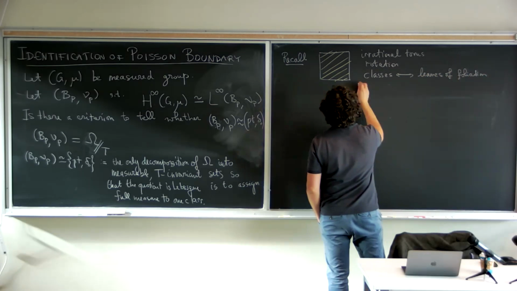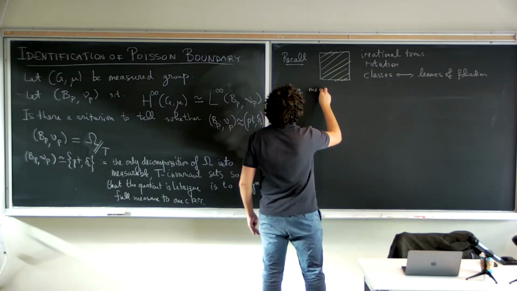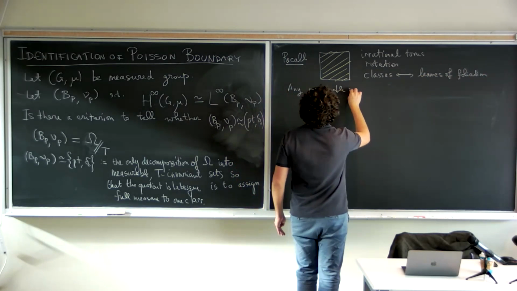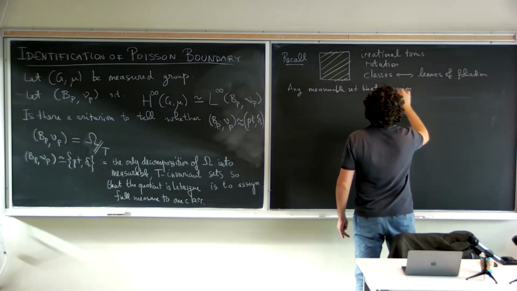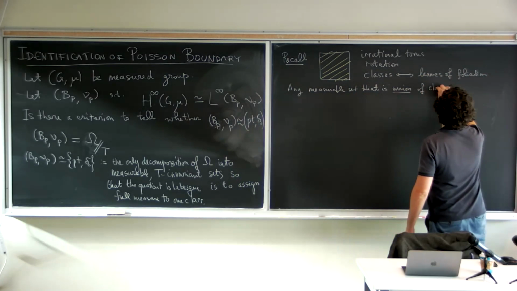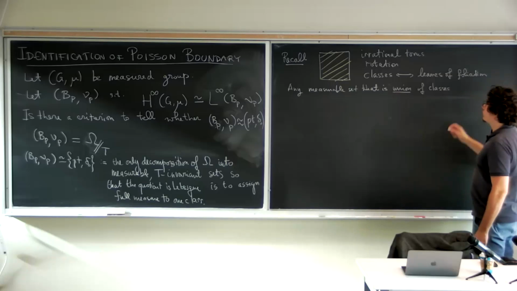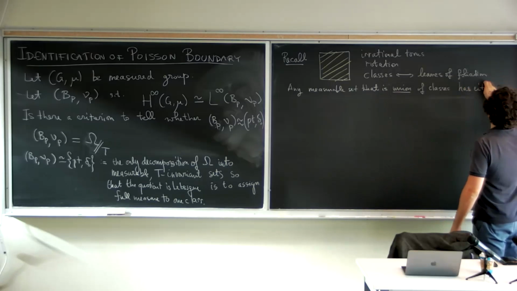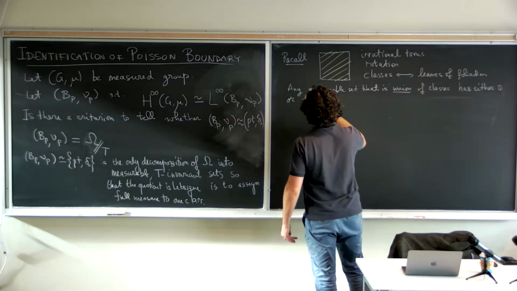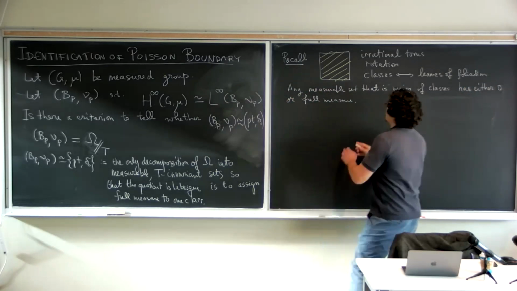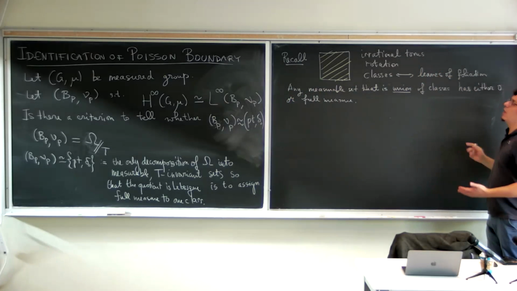And so the point is, any measurable set that is a union of classes has either zero measure or full measure, and this means that in this measurable category, if we want to take the quotient, there is no other quotient you can take.